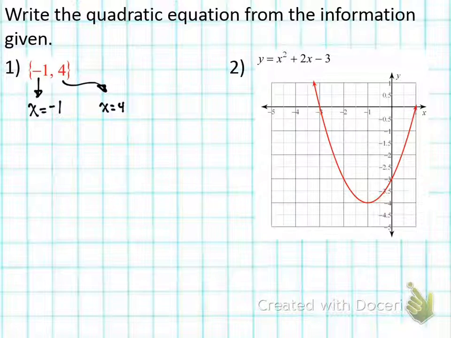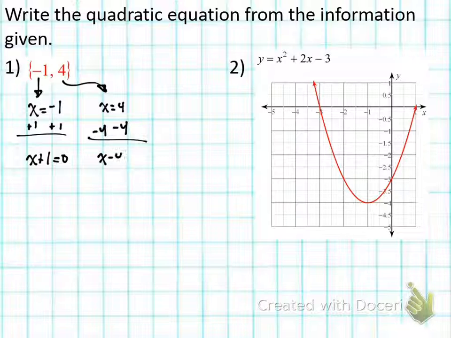If I were to think backwards, how did I find these answers? Well, I remember that I had to add 1 on both sides for this one. So it's going to be x plus 1 is equal to 0. And over here we're going to subtract 4 on both sides. So x minus 4 is equal to 0. And I remember, when I thought about this, it was the zero product property backwards.